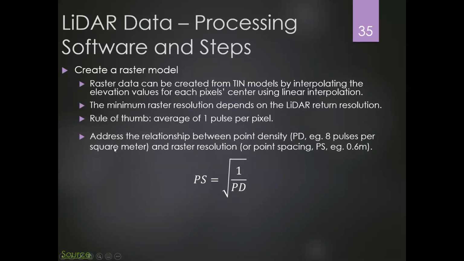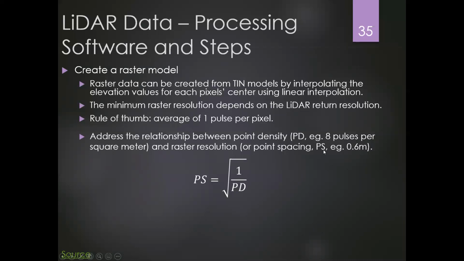So here is the relationship between what? Between point density, PD. This is the resolution for LiDAR data, and the point spacing, PS. This is the resolution for raster file, right? PD, for example, 8 pulses per square meter. For raster data model, the resolution is in meter or even kilometer.